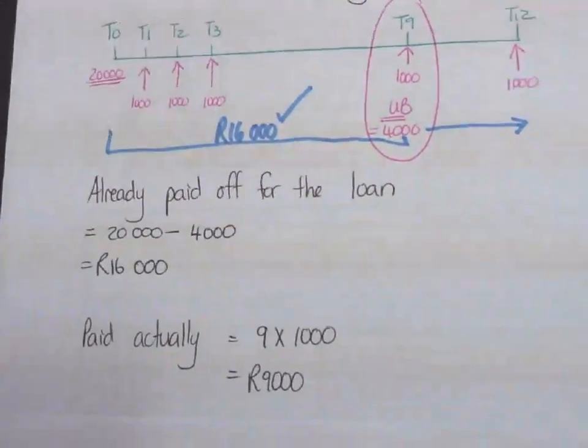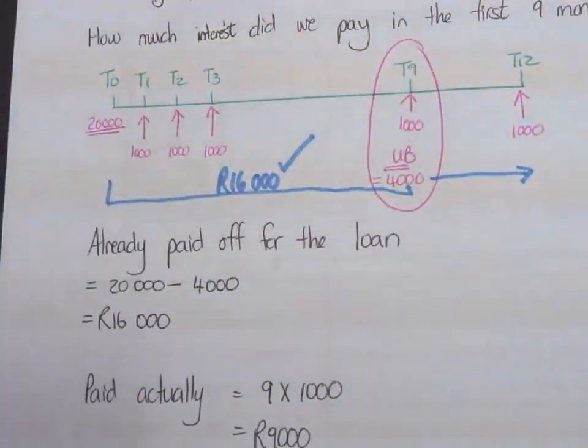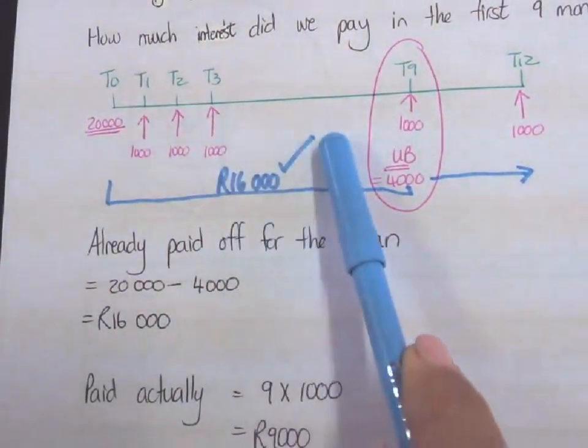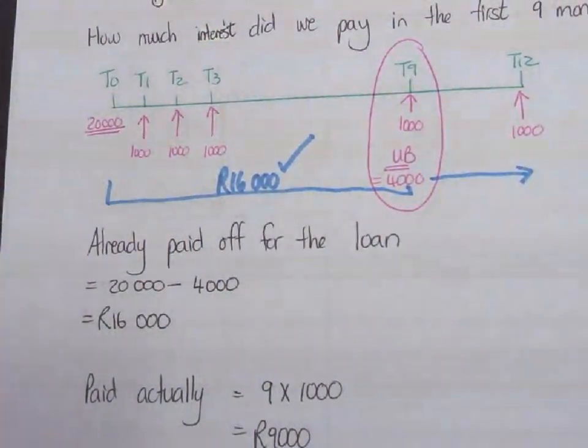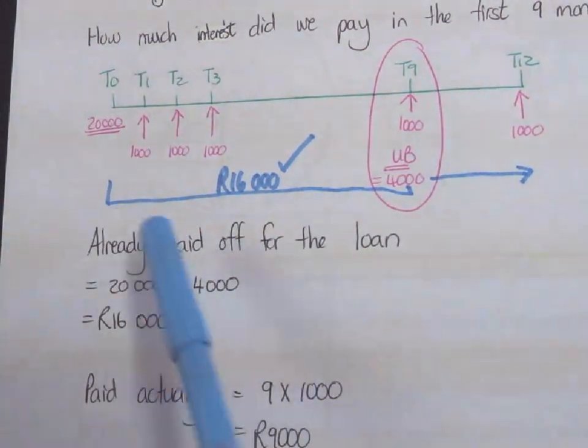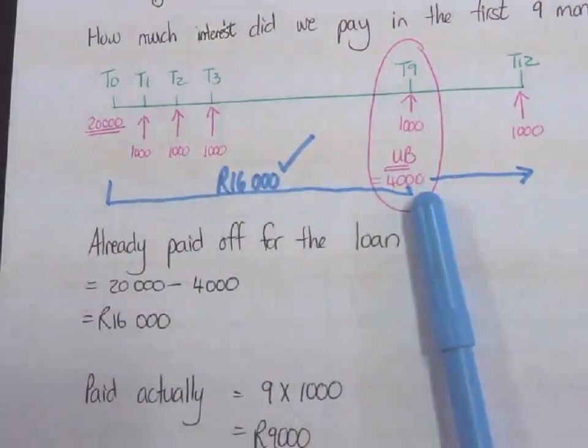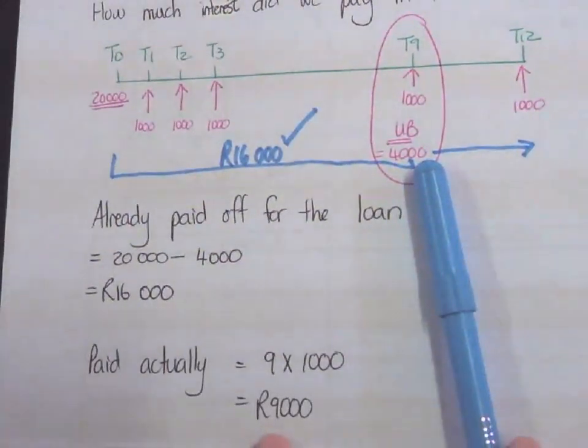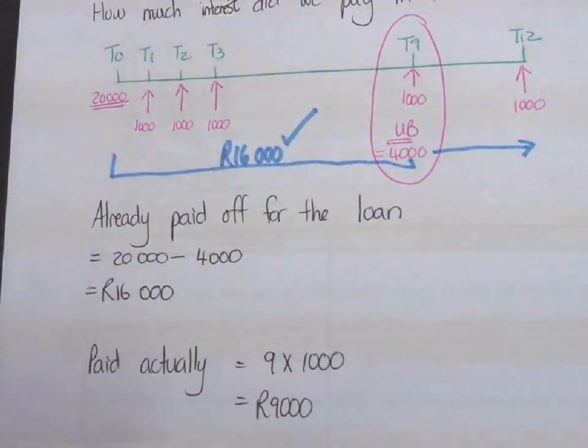You actually work out what you actually paid. 9 times 1,000, so I actually paid 9,000. But 16,000 of the loan was paid off. So what was the interest? You actually paid 9,000.